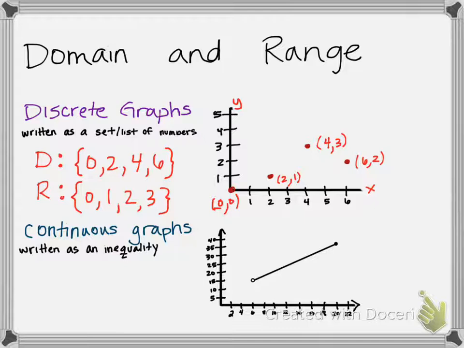Now, if we have a solid line though, like with a continuous graph, we have an infinite number of dots along that line. So instead, we write it as an inequality. So we're going to have an inequality with x and one with y to represent our domain and range.